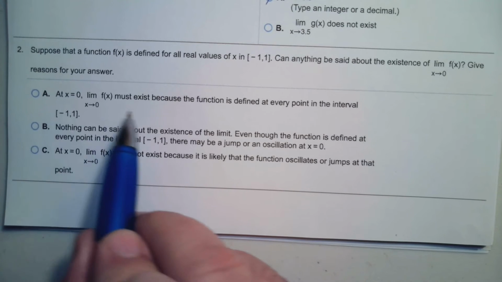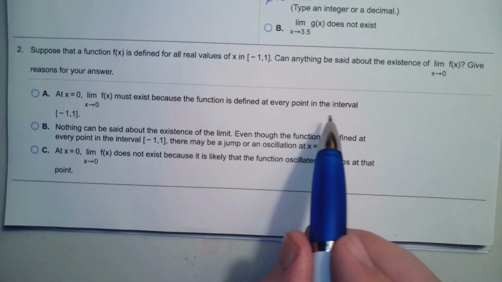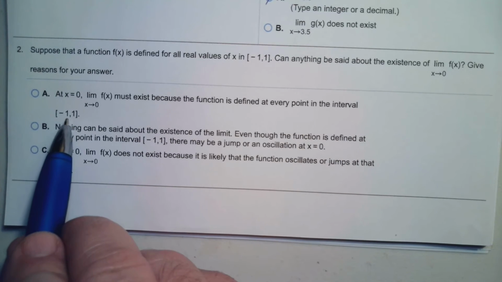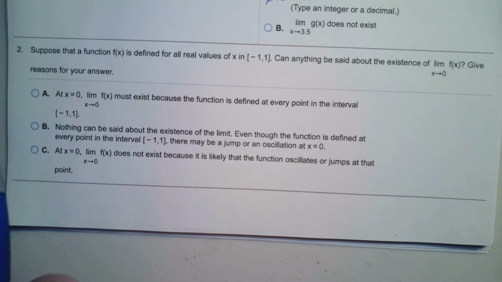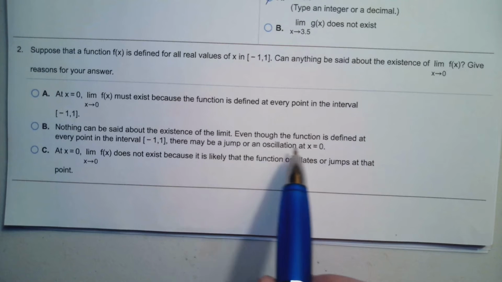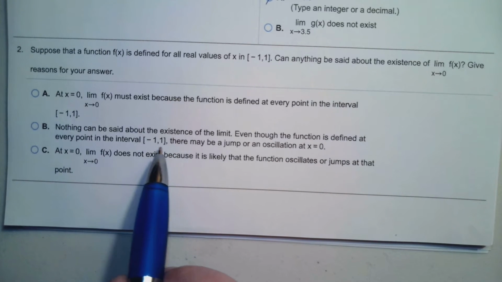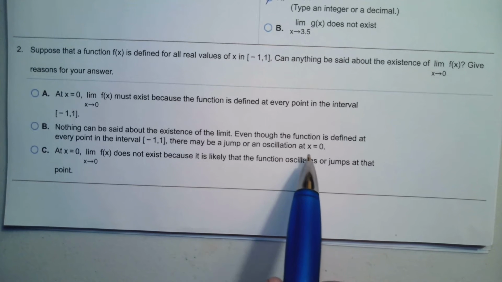Okay, at x equals 0, f of x must exist because the function is defined at every point on the interval. Not necessarily true. Nothing can be said about the existence of the limit, even though the function is defined at every point in the interval. There may be a jump or oscillation.